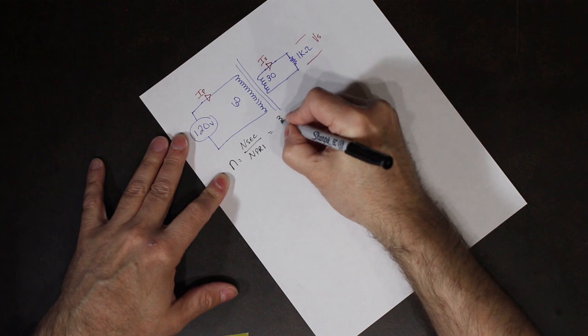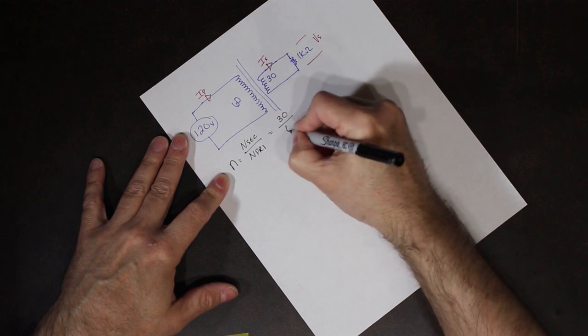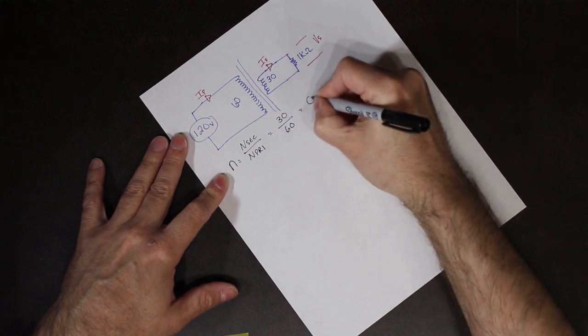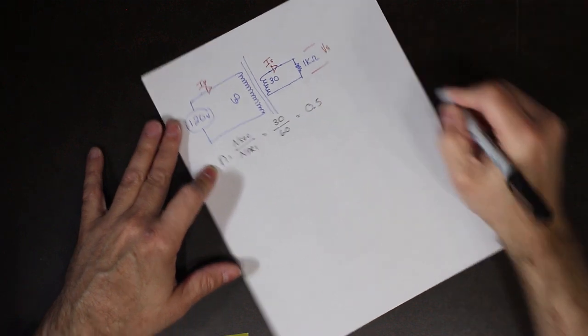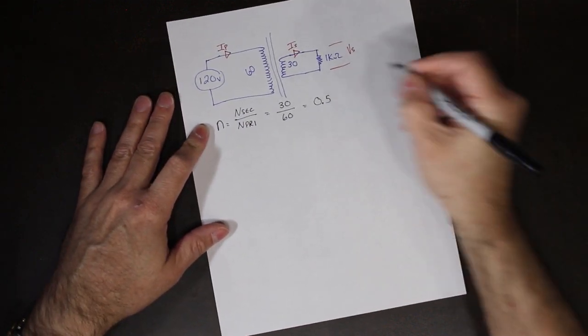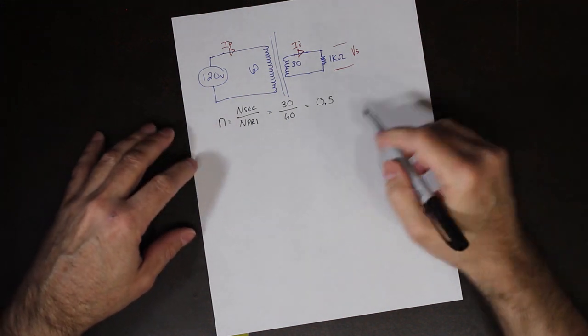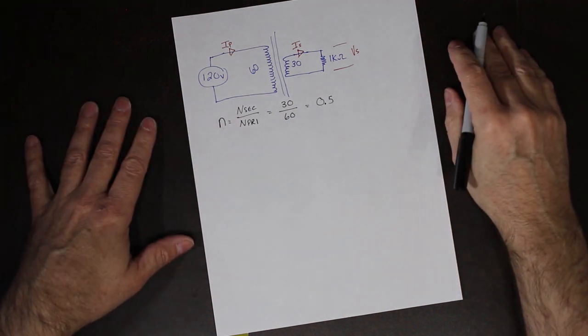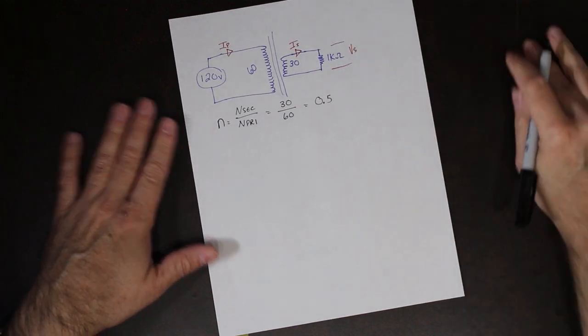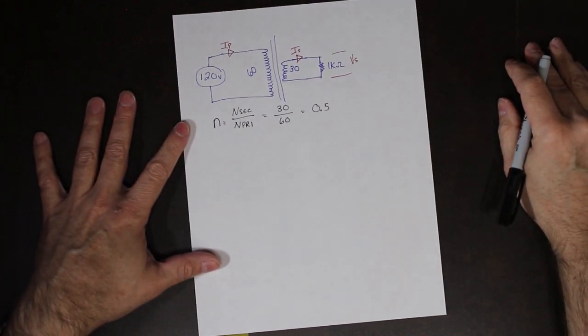So that equals 30 over 60, which equals 0.5. So our turns ratio, N, is 0.5. Now we can use the turns ratio to calculate the secondary voltage.